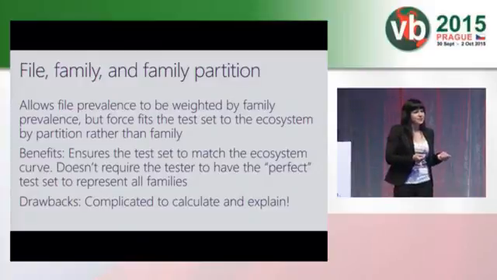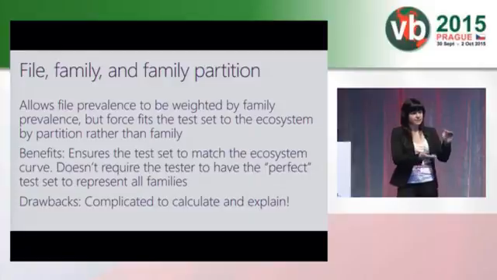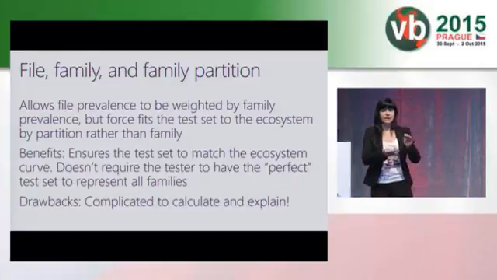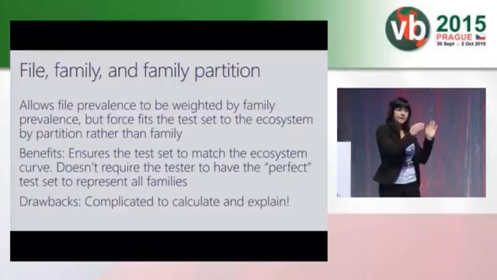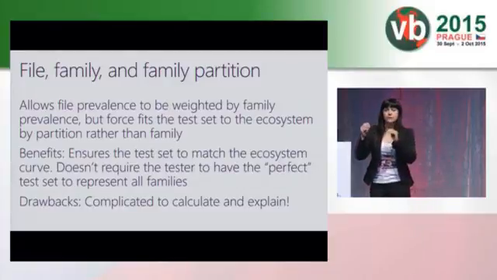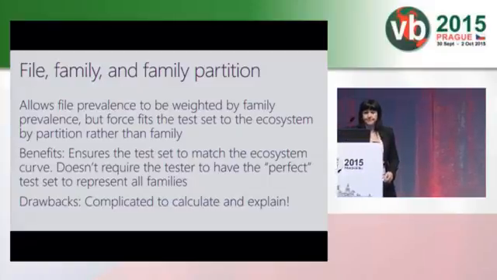This means that the tester doesn't have to do an absolutely perfect job in selecting a statistically relevant set for each of the families. They just need to focus on the general category families: highly prevalent, moderately prevalent, low, and very low. This is a much more reasonable approach.